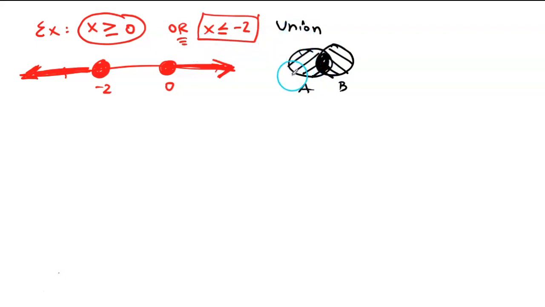But for union, I take both, everything. So an OR is a union of both inequalities. Therefore, when I draw my interval notation, I have to write this one united with the second one. So it's going to be both, not only one, both.